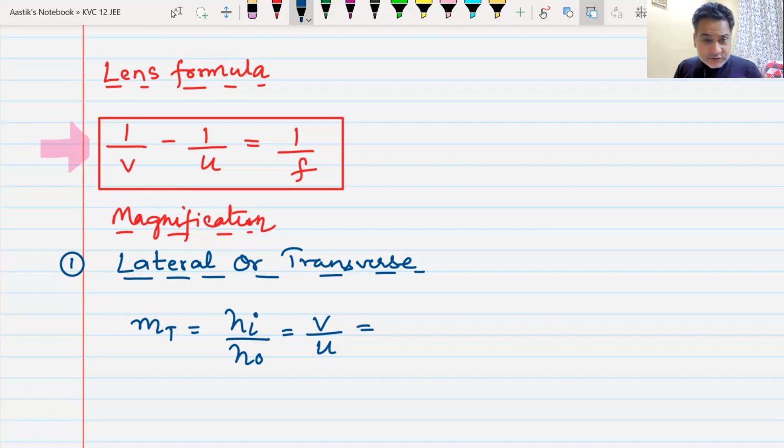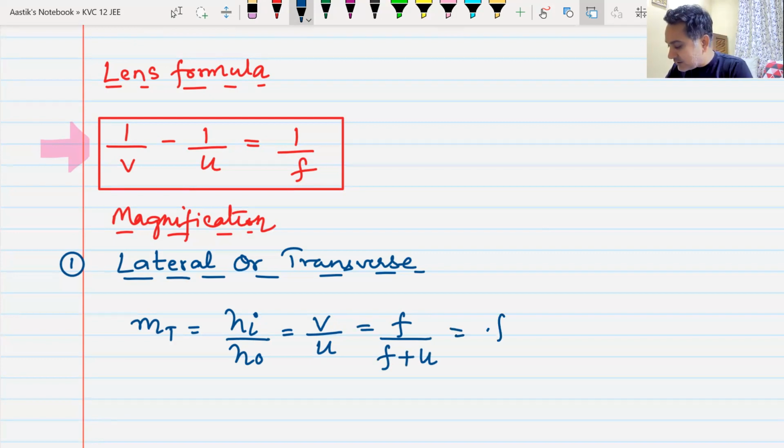Now I can substitute in place of V, I can substitute it in terms of F and U. And remember, I told you in the class on reflection as well, if you can remember these small shortcuts, you can do some questions really quickly. So F upon F plus U, that is another way of writing the same thing.